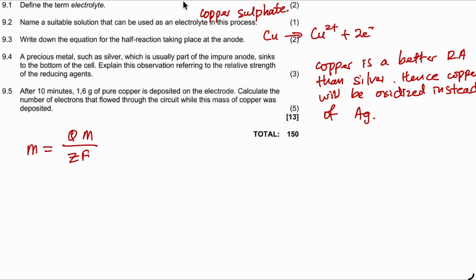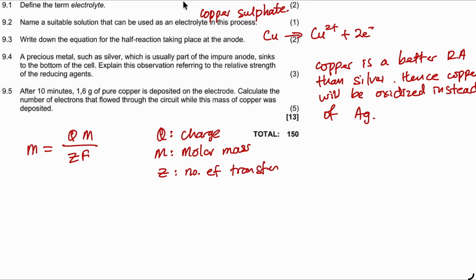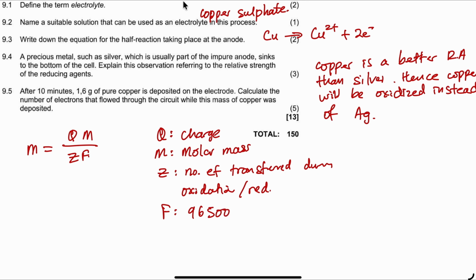Instead of using the long method to solve it, Q is basically the charge in coulombs. M is the molar mass. Z is the number of electrons transferred during oxidation or reduction. And F is Faraday's constant, 96,500.